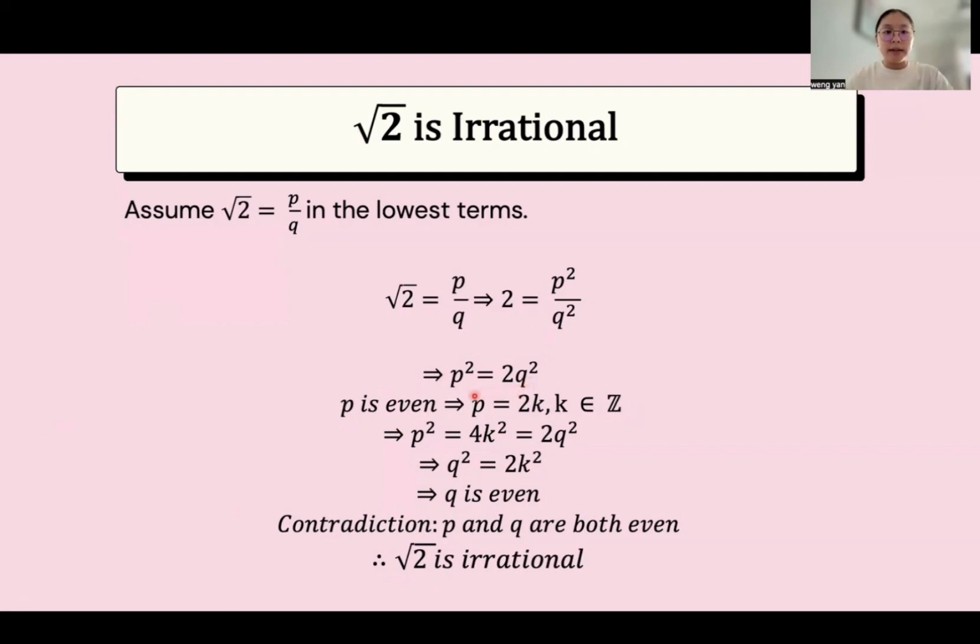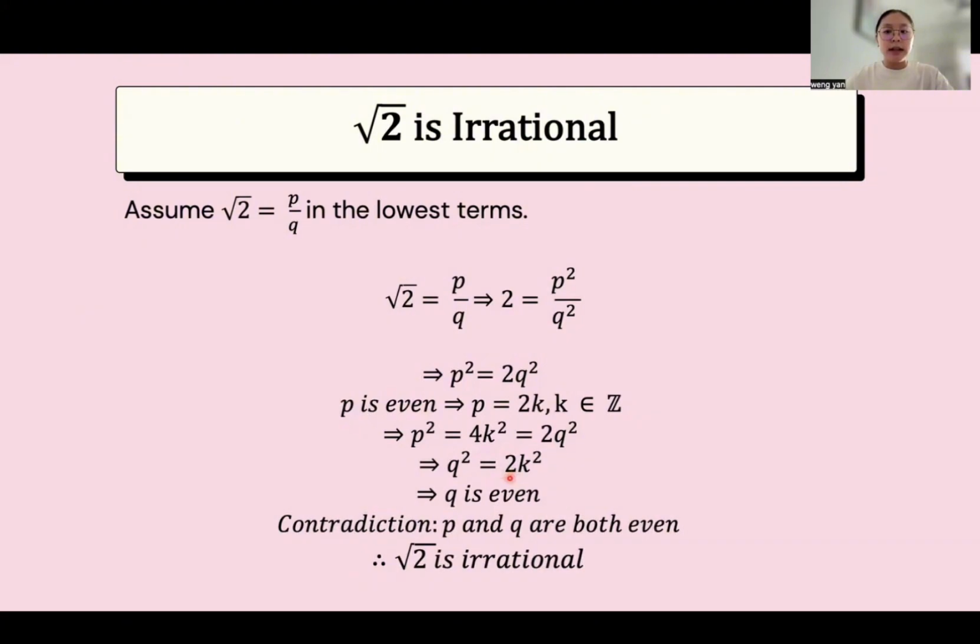If p squared is even, then p itself must be even. We can write p as 2k, where k is some integer. Now, we substitute p equals 2k back into the equation. We get 4k squared equals 2q squared. Dividing both sides by 2 gives us q squared equals 2k squared.